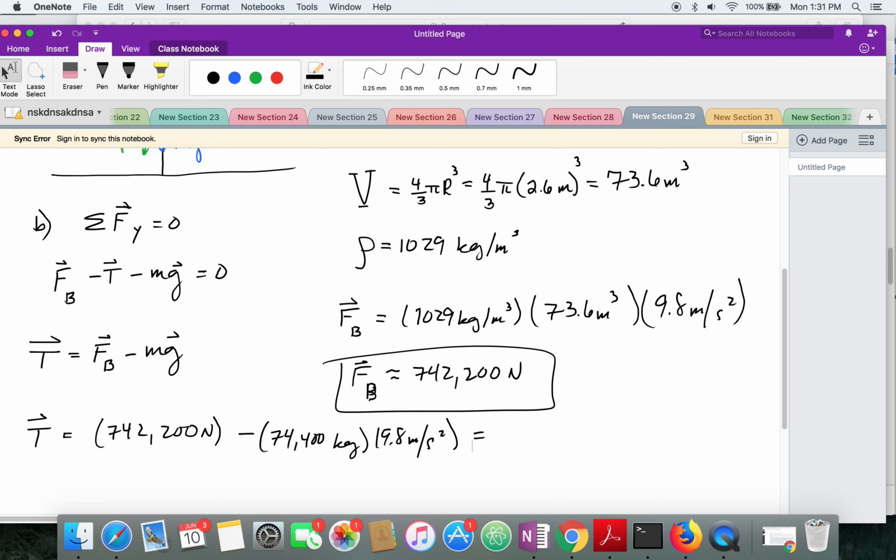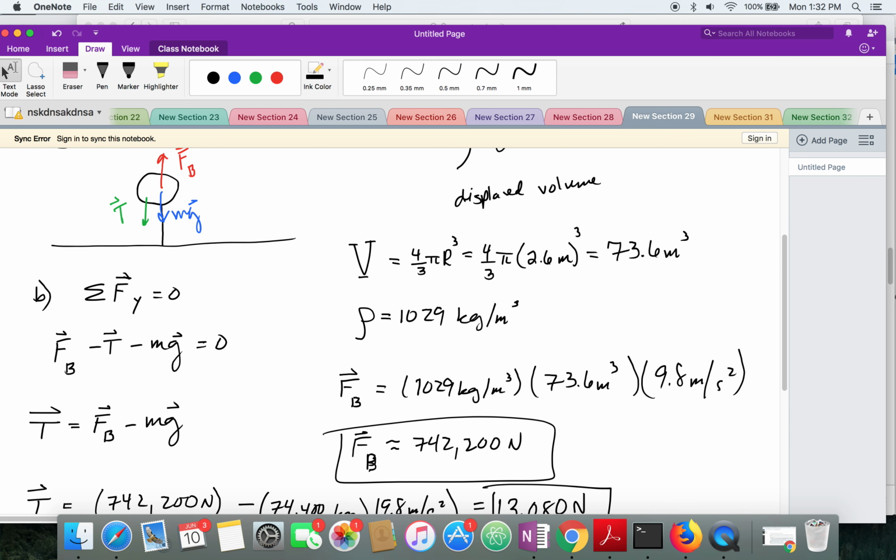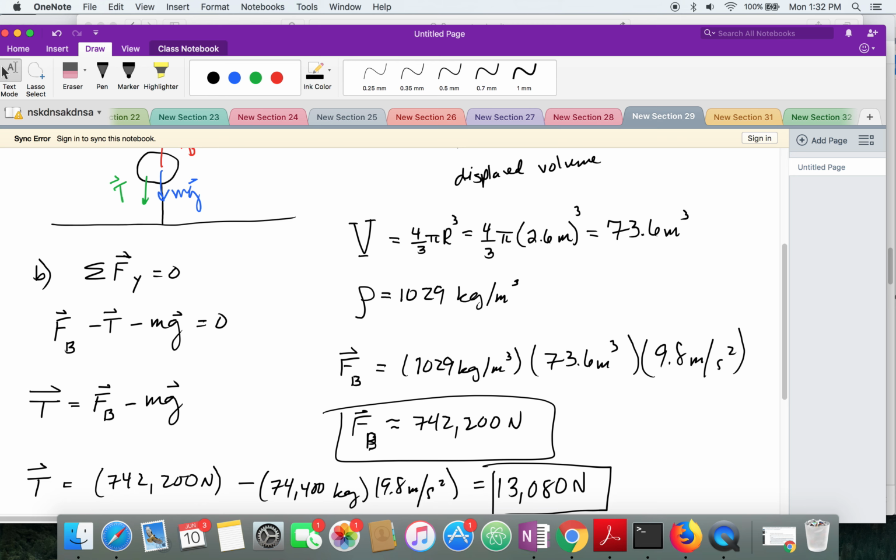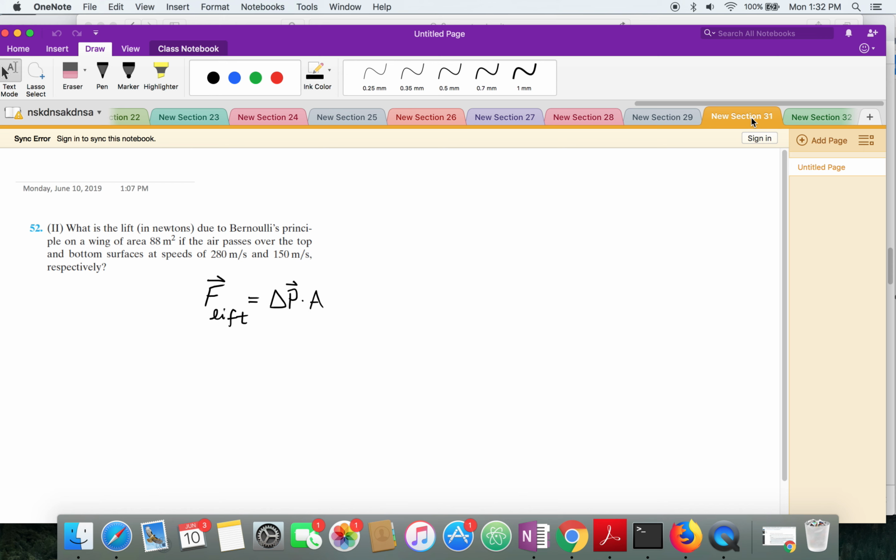So let's see what we get. 742,200 minus 74,400 times 9.8 gives us 13,080 newtons. So that's how we solve that one. That's the tension. So it's a good Archimedes principle problem and all that kind of good stuff.